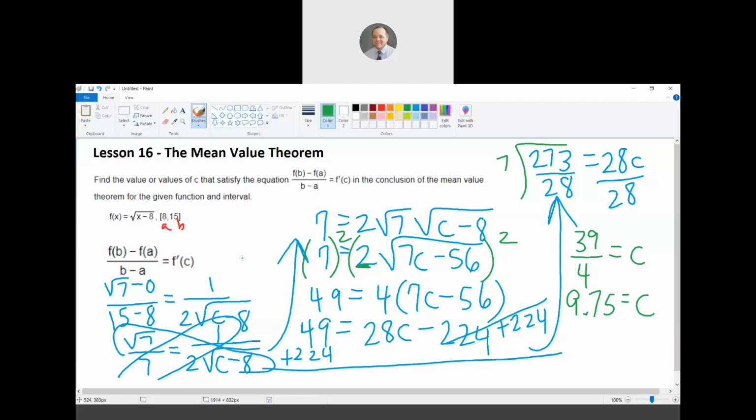And this particular point C is what would make not only your tangent line at f of C the same as the secant line, but they will be parallel.